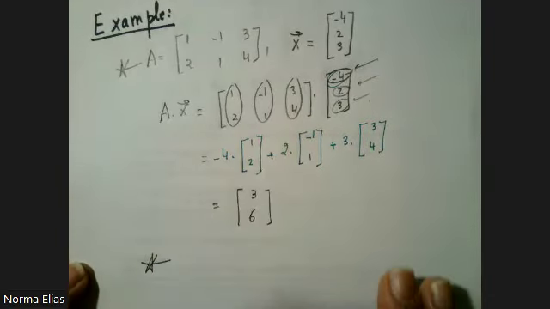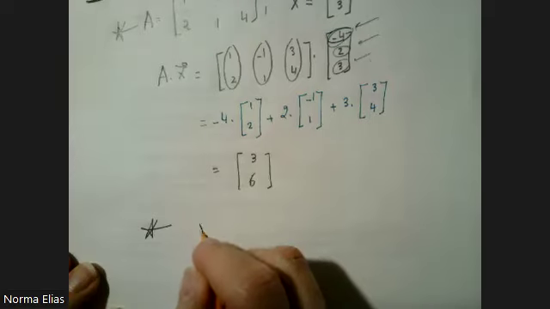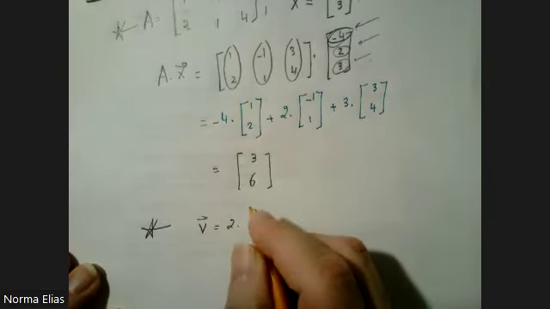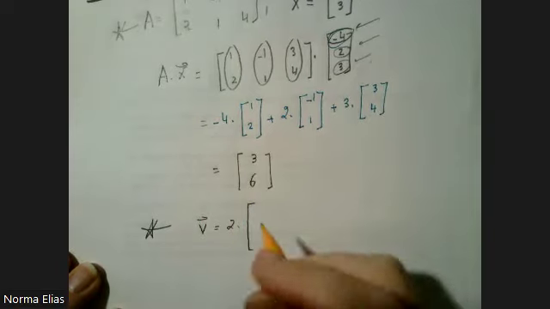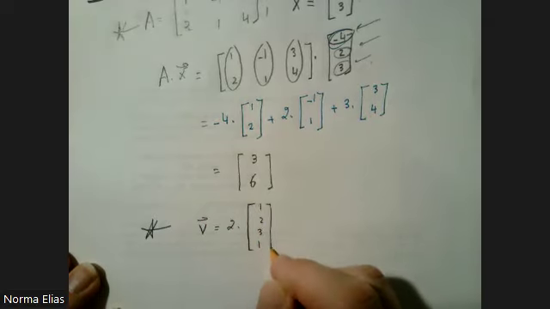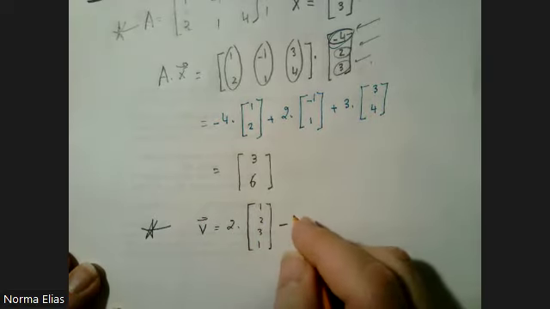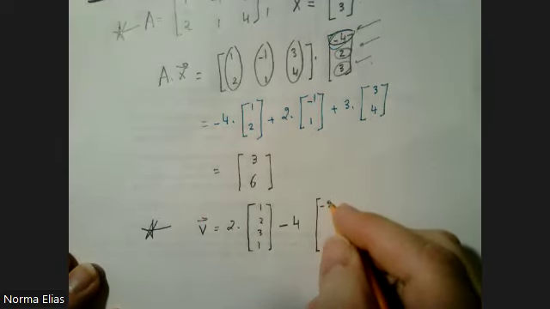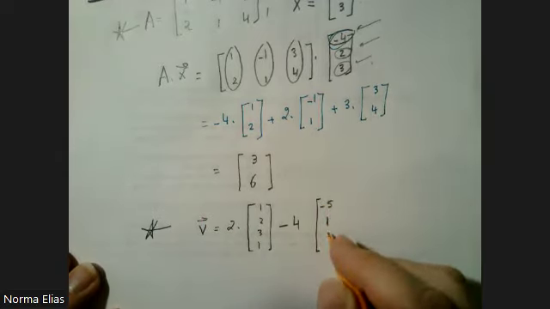Example number 2. Suppose I give you v to be equal to 2 times 1, 2, 3, 1. That's a vector v. Minus 4 times minus 5, 1, 3, 2.